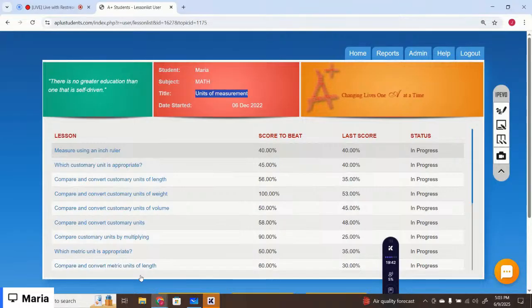Here I am on grade 4 math. Chapter we are on right now is unit of measurement. Let's just start with the lesson that is compare and convert customary unit of volume.